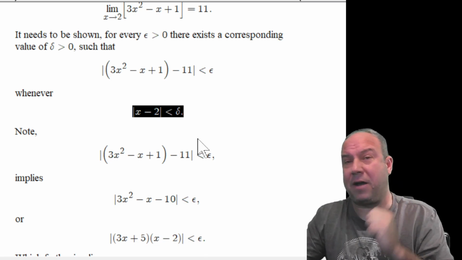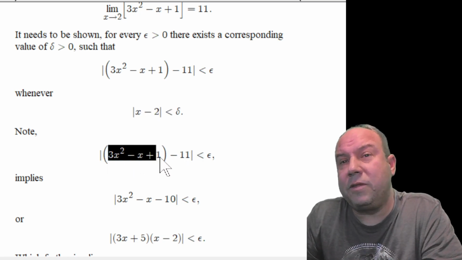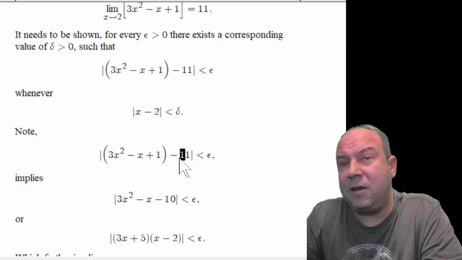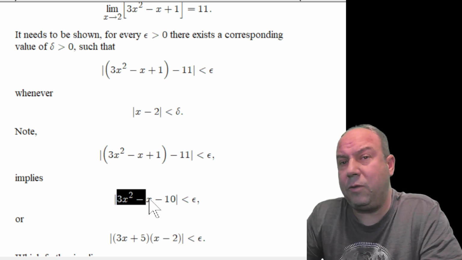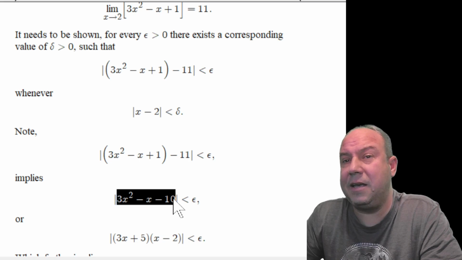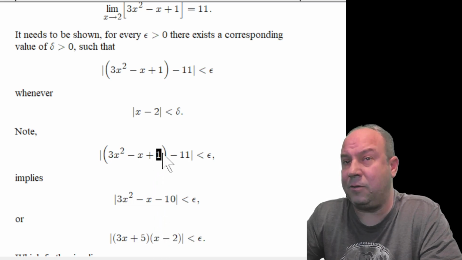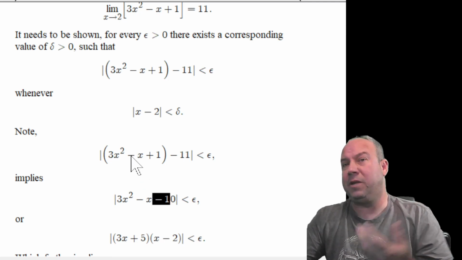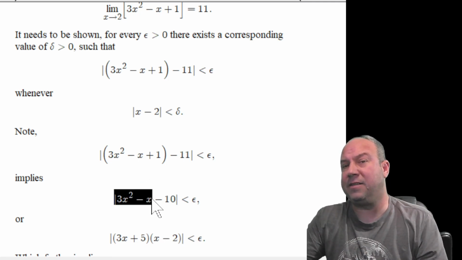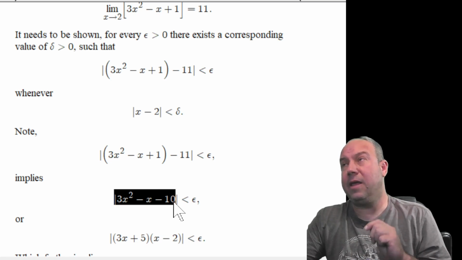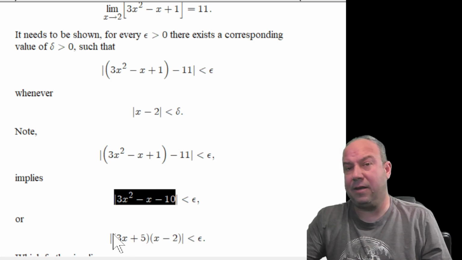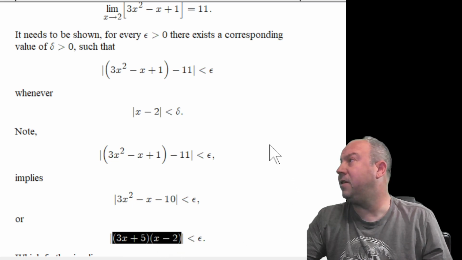Think about it here. We're going to start with the value of f of x and take away what we evaluate as that limit. When we do that, we end up with 3x squared minus x minus 10 in value, because 1 minus 11 is negative 10. That argument inside the absolute value simplifies into this statement here, where that statement then factors into this statement here.